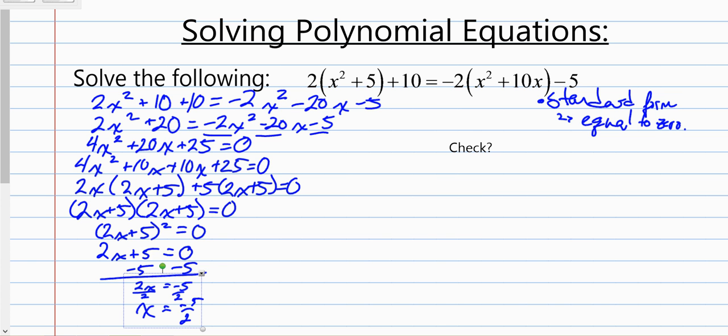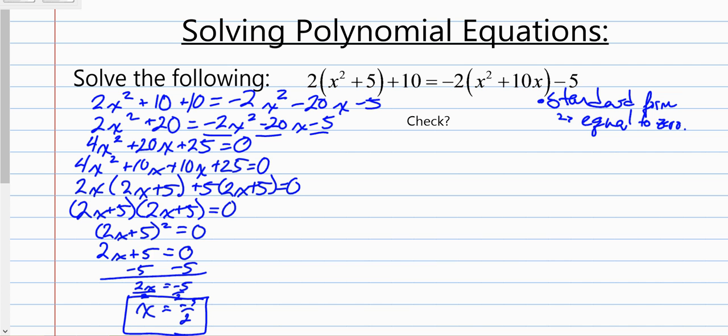Now we've seen that even when I solve these, I don't always get the right answer, so we need to check this. It would be kind of difficult to do this by hand, so we're going to check it in the calculator, and I'll show you how to do that in a moment.